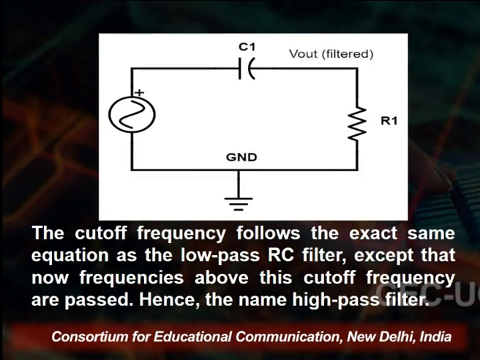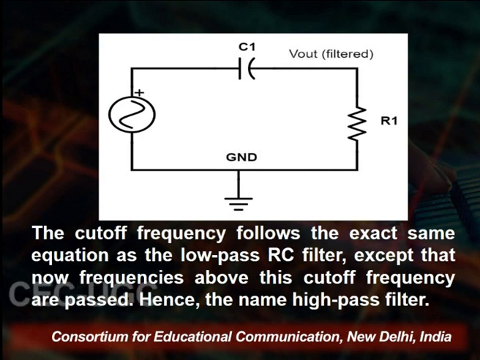But by swapping the two components, the low frequencies are now blocked by the capacitor, meaning they do not pass through C1 to the output, whereas the high frequencies are allowed to pass through to the output.